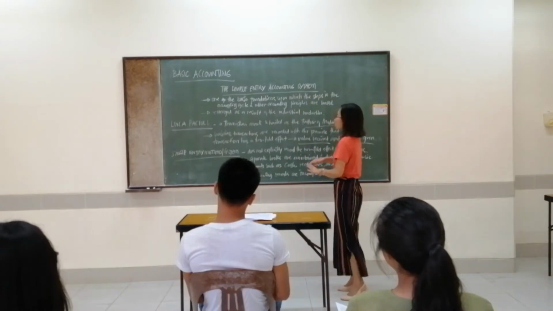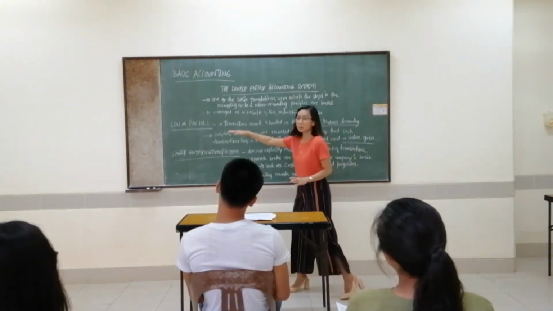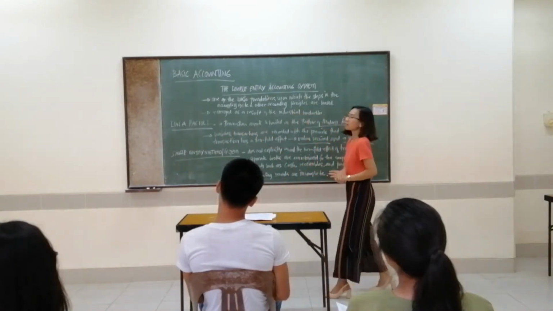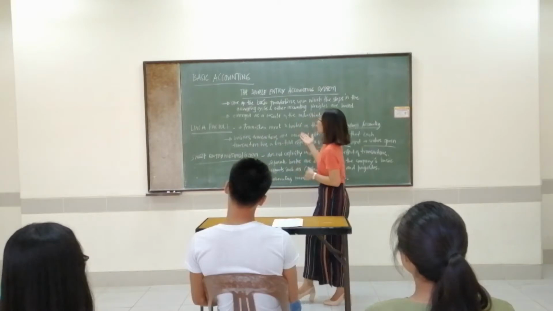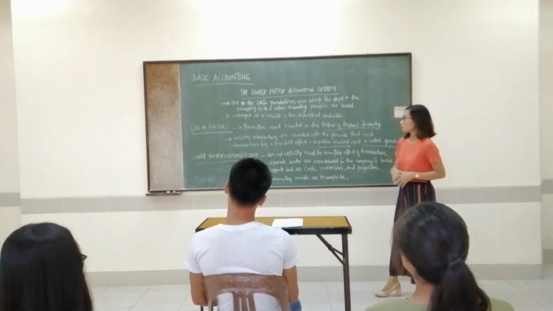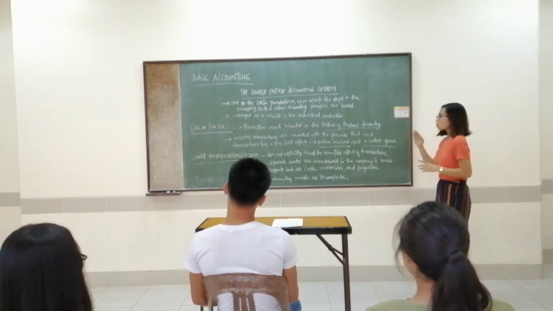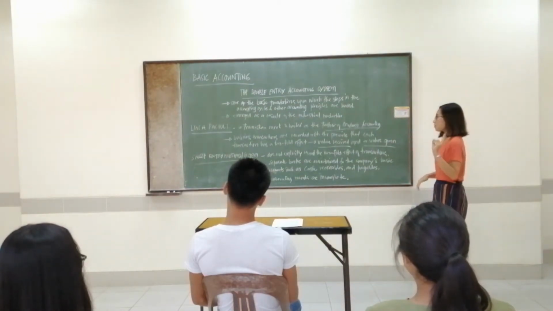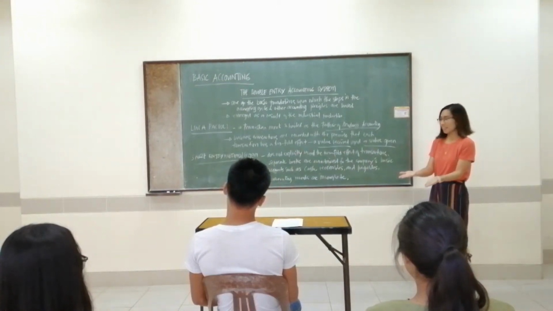So, the first double entry accounts was documented by Luca Pacioli, a Franciscan monk and hailed as the father of modern accounting. So under the double entry accounting system, business transactions are recorded with the premise that each transaction has a twofold effect: a value received and a value given.